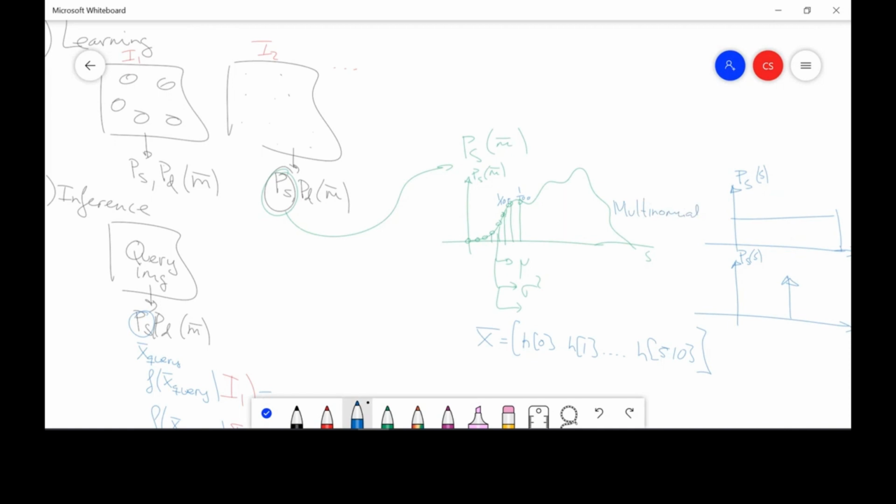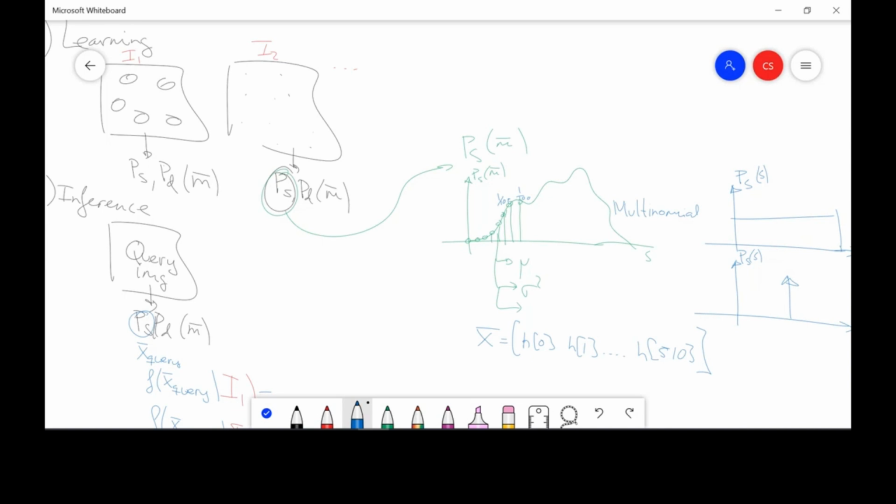Do you remember the binomial? The binomial was: if the probability of getting a head in a coin is 0.5, what is the probability of getting 5 heads in 10 throws? Okay, that is the binomial.